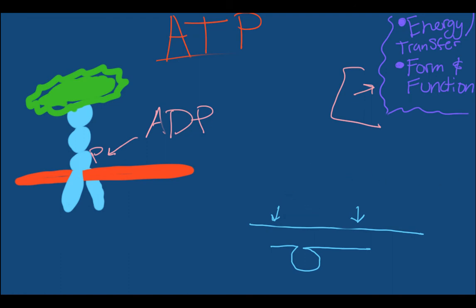Now when the phosphate comes and attaches somewhere on this string, it causes a change in the folding. So rather than looking like this, your protein might look like this. In the case of the motor protein, when this phosphate attaches, this back leg over here shifts and becomes the front leg.